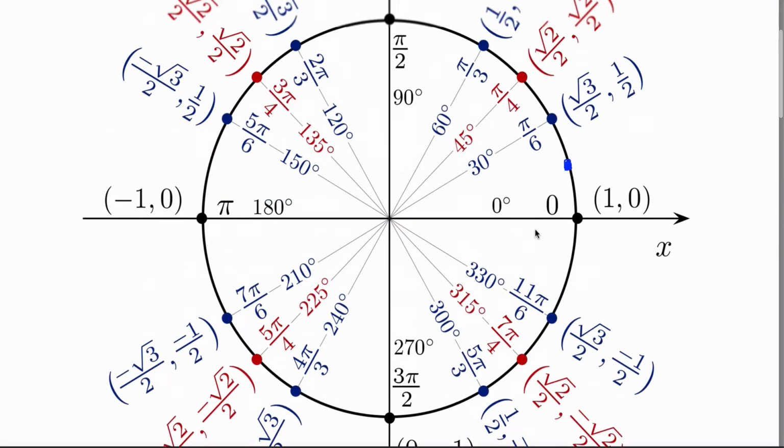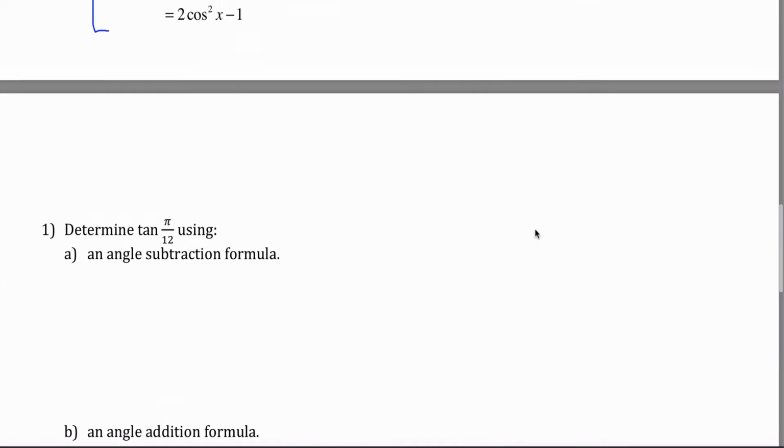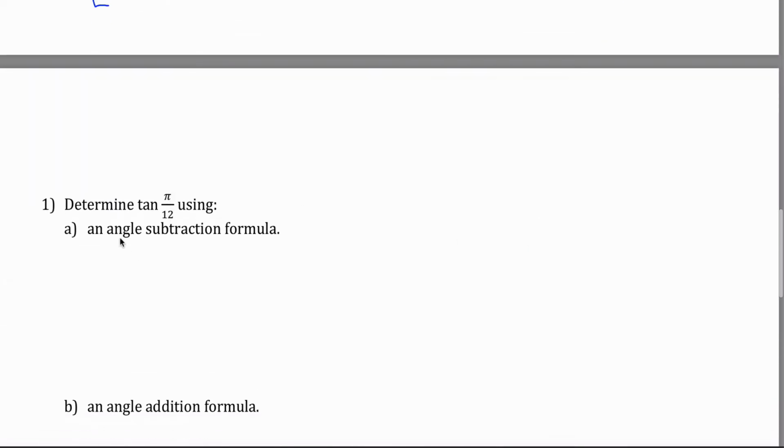But you might recognize that pi over 12, I can get there by subtracting 2 angles that I do know stuff about in my unit circle. So you might recognize that pi over 12 is equal to pi over 3 minus pi over 4.